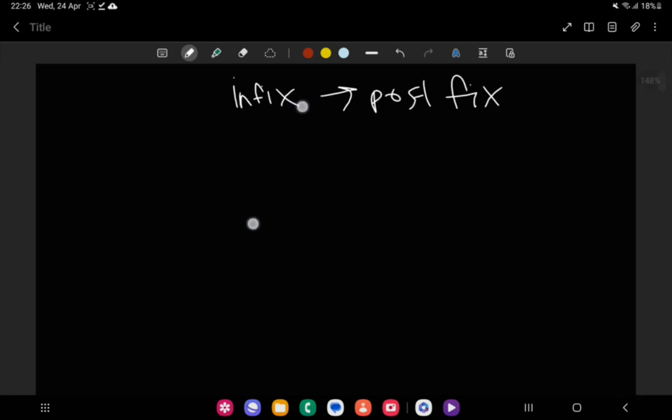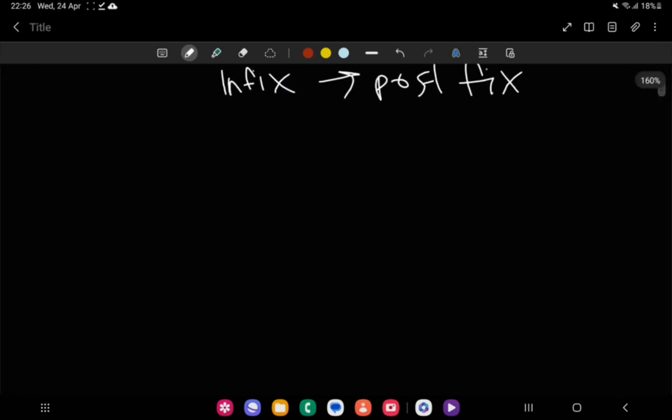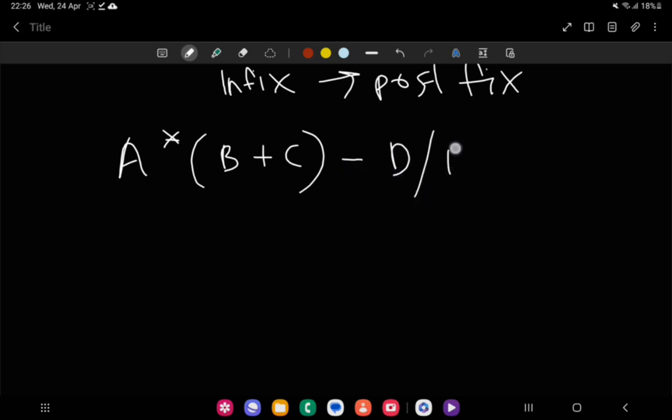Then I would like to give some expression or equation. We have A multiply open parenthesis B plus C close, then minus D slash E. So this is our infix notation, infix equation.